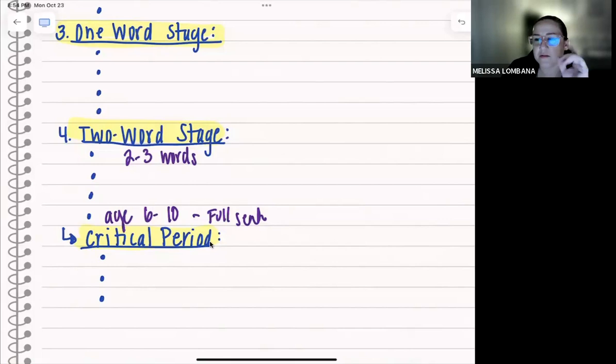We'll talk a little bit more about the critical period on another stage, because we as humans don't really have a lot of critical periods in the sense of when we should learn something. We could always learn anything at any given time.